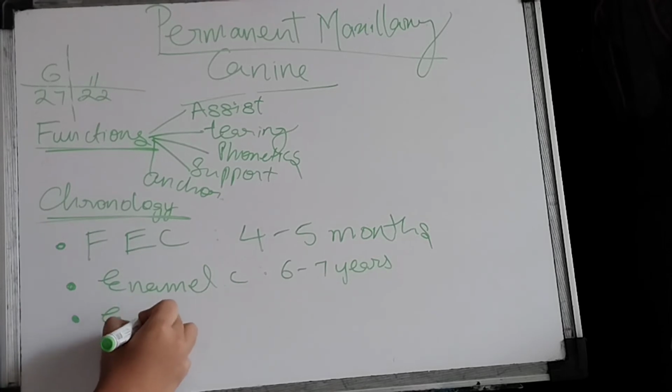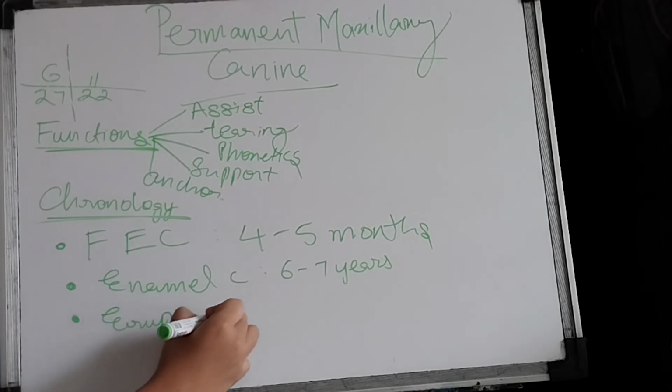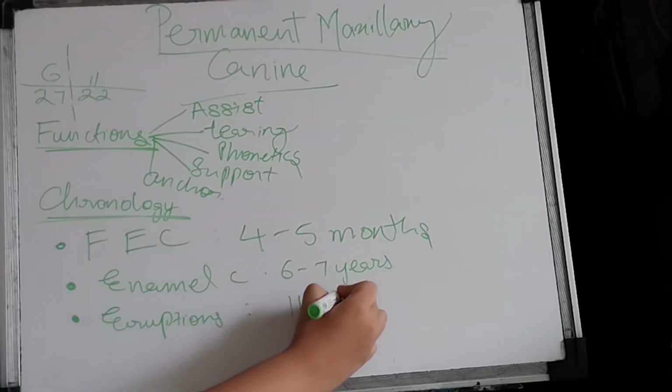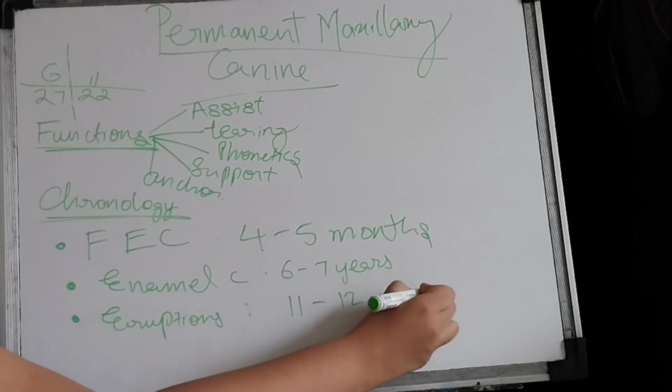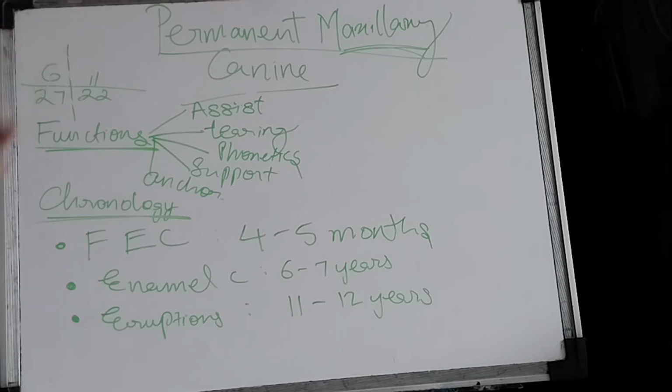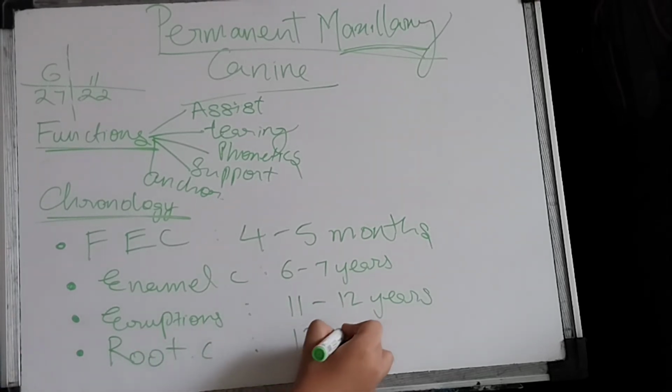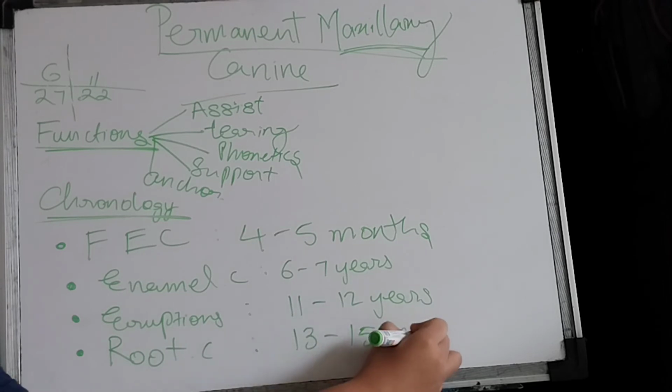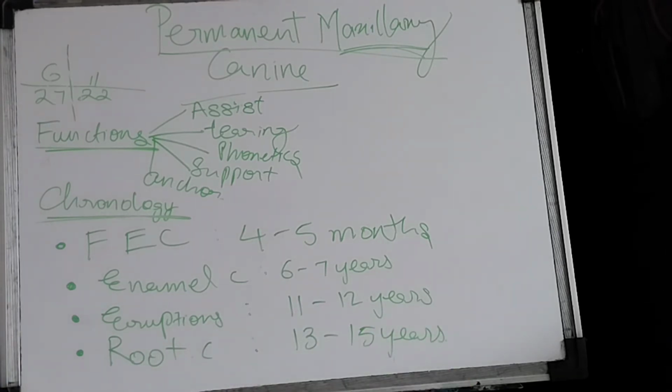Then eruption happens at 11 to 12 years. This is for the maxillary canine. Okay, I will tell you about the mandibular canine in a separate video. And the root is completed by 13 to 15 years. So this was the chronology for the permanent maxillary canine.